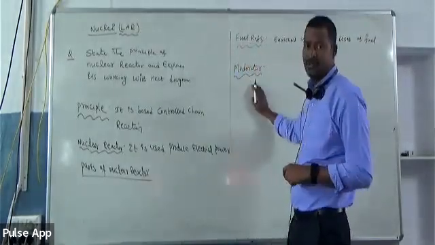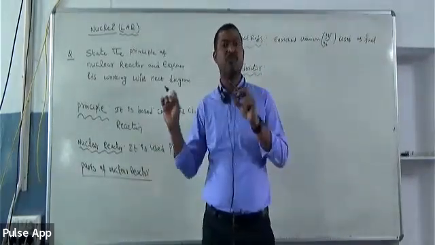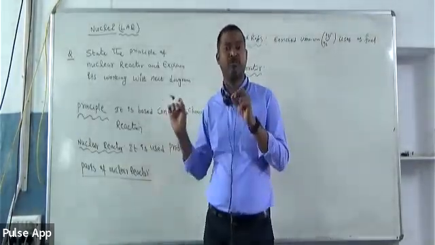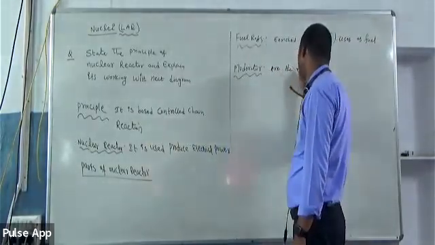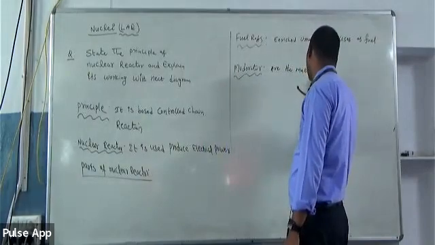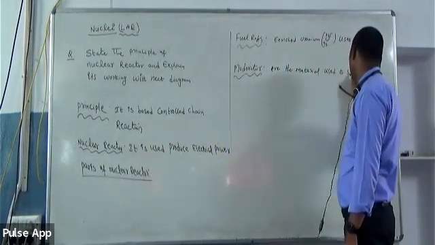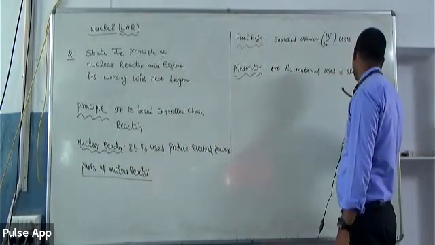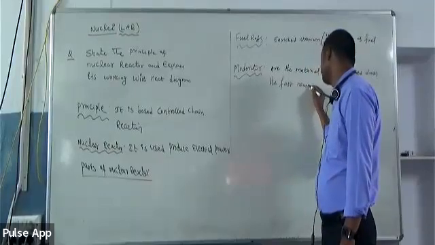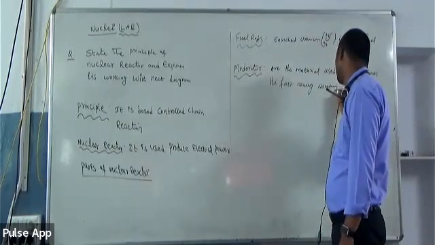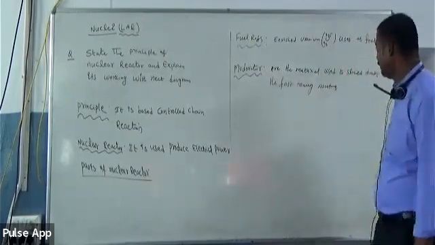So moderators are materials used to slow down the fast moving neutrons.